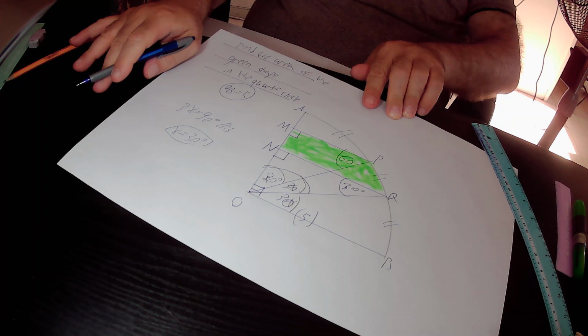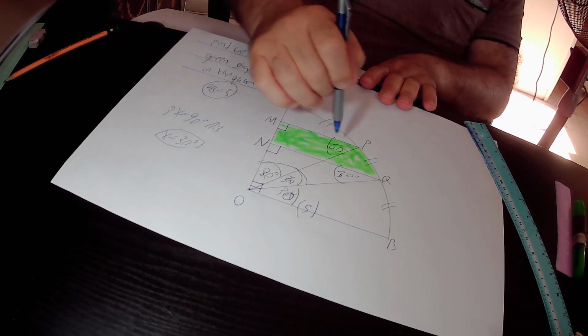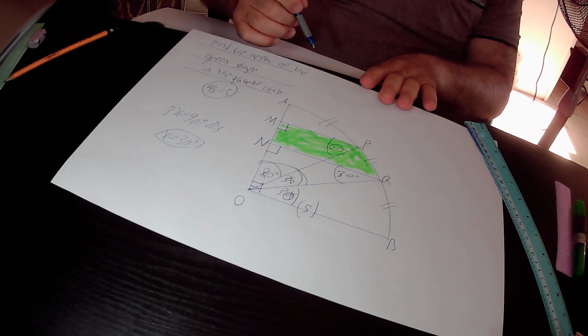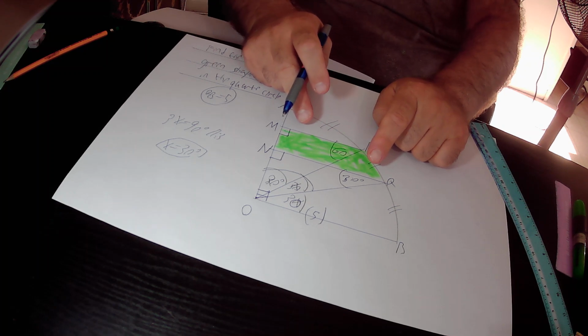So in the next step, I'll copy the right triangle MPO and this right triangle NQO in a new page, and we'll prove that those two right triangles can go into each other according to angle side angle rule.